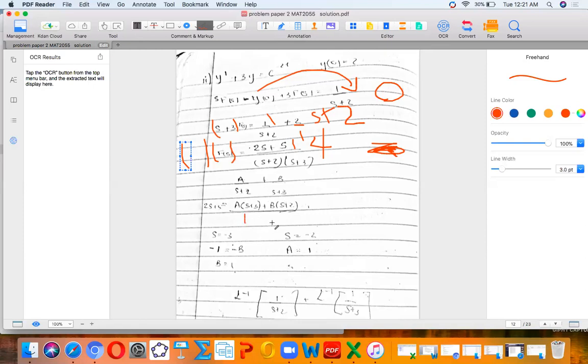So you'd have one bracket here and you have another bracket here. And then you'd say A times this s plus 3 that we have here, that's why I have it here. And then B times the s plus 2 here. This 2s plus 5 is coming from what we have originally from the top right here that I'm circling. And then you start your trial and error.